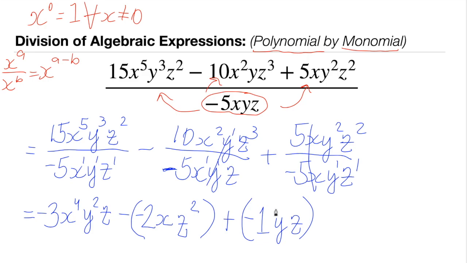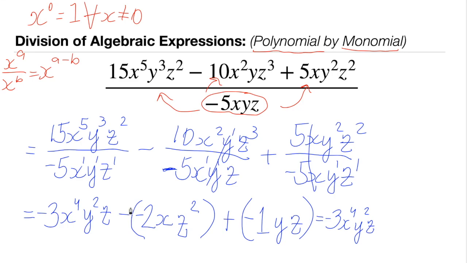Let's fix the signs here by the laws of removing symbols in our previous video. So how can we do this? In this first term, we cannot do anything but just copy it. So this becomes negative 3x to the power of 4 y squared z.